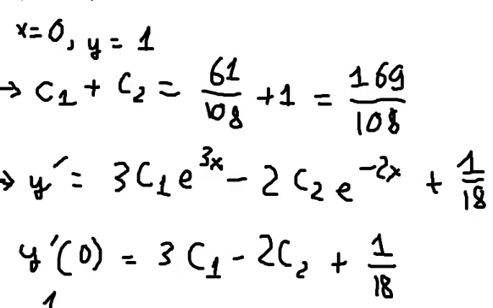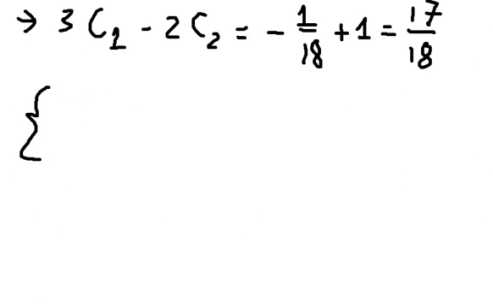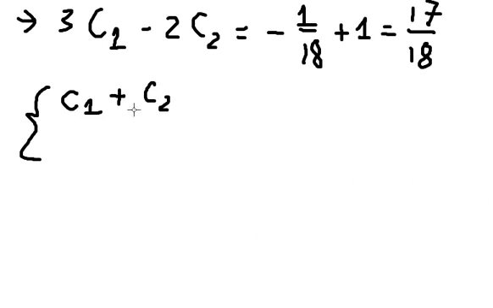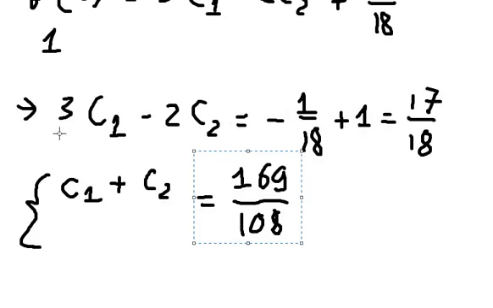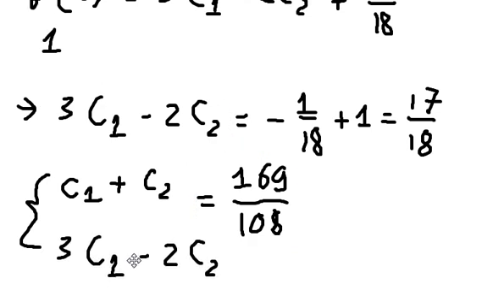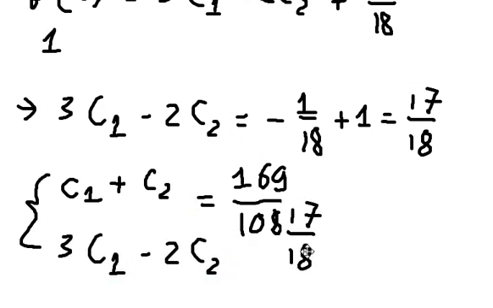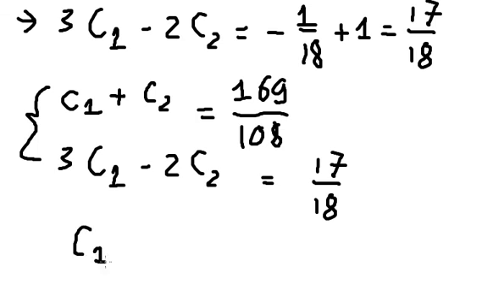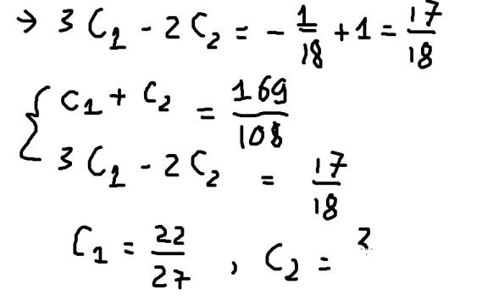The first one is C1 plus C2 equals this one. And the second one is from here. Now we need to find the solutions of C1 and C2. So C1 we have 22 over 27. C2 we have 3 over 4.